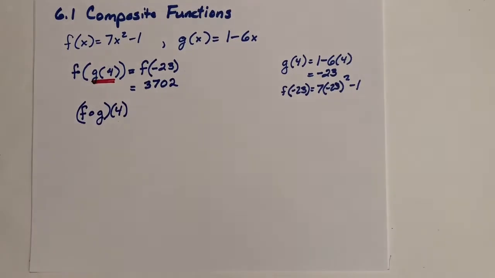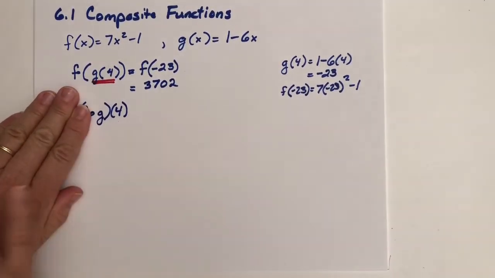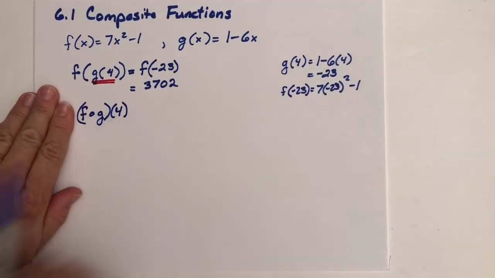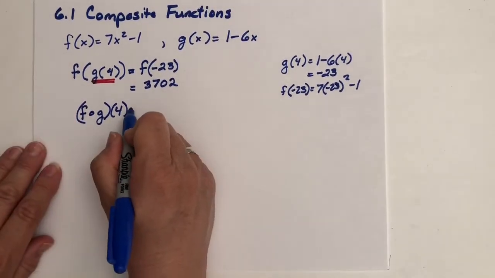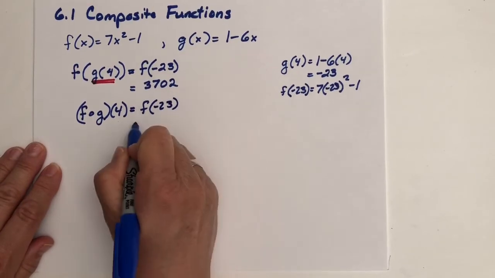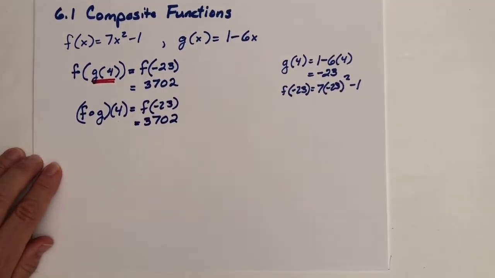When we see this, we start here with g of 4 just like we did in the previous problem. Evaluate that expression and then find f of that expression. So we would do exactly the same thing. We'd have f of negative 23, and we would still end with that 3,702 value.